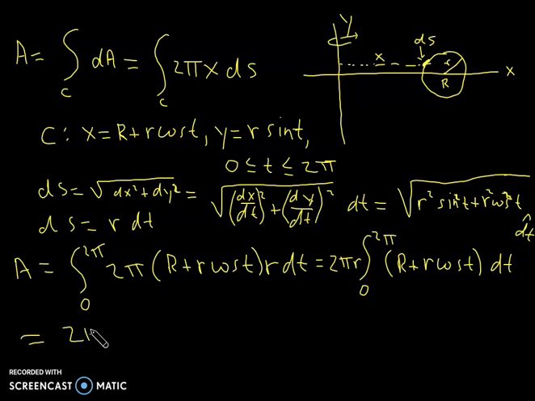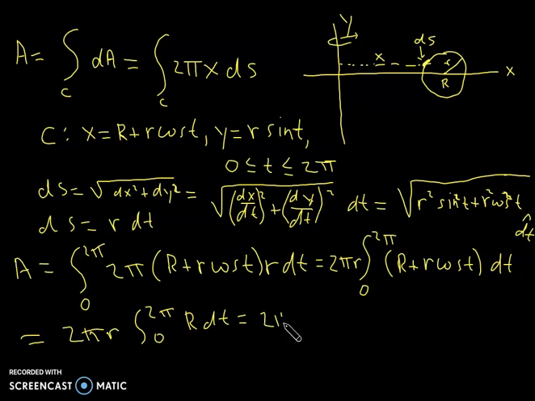So for our area, we just get 2 pi times little r times the integral from 0 to 2 pi of big R dt, because the integral of cosine t, since we're going from 0 to 2 pi, ends up being 0. But the integral from 0 to 2 pi of big R dt is 2 pi times big R.